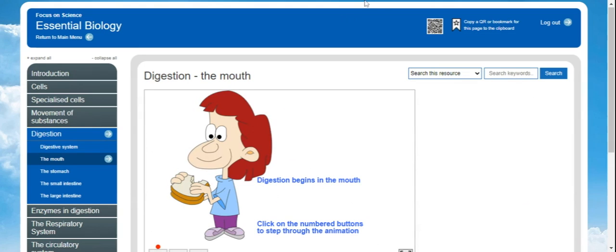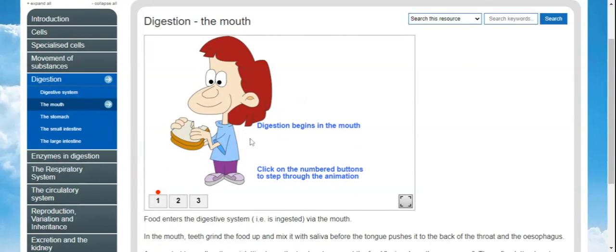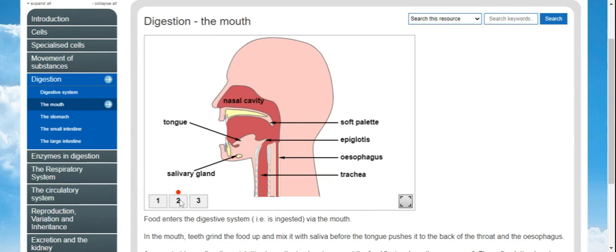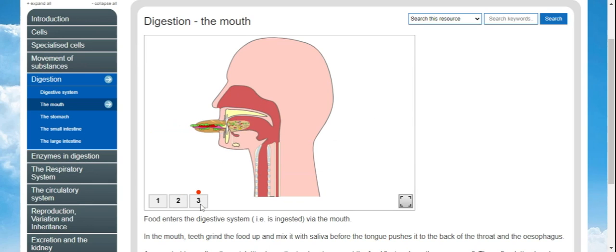Everything, as we said, starts in the mouth, and through the mechanical action of the muscles and the teeth, which break down the food into smaller pieces in order to increase the surface area for the enzymes secreted by the salivary gland to act upon and start the digestion of carbohydrates.